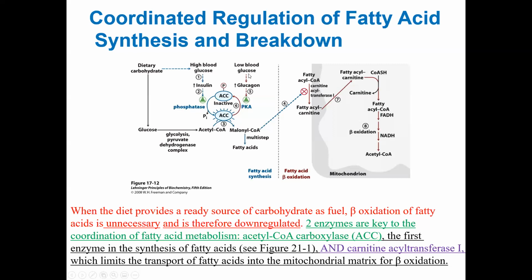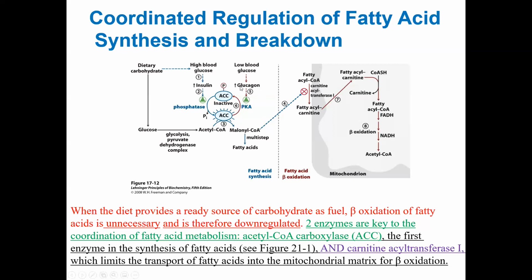What happens when you have low levels of glucose, low blood glucose level? When you have low levels of blood glucose, your fatty acids will be mobilized from adipose tissues. Remember? How will that be mobilized? First, the liver will sense that and will stimulate pancreatic alpha cells to release glucagon.